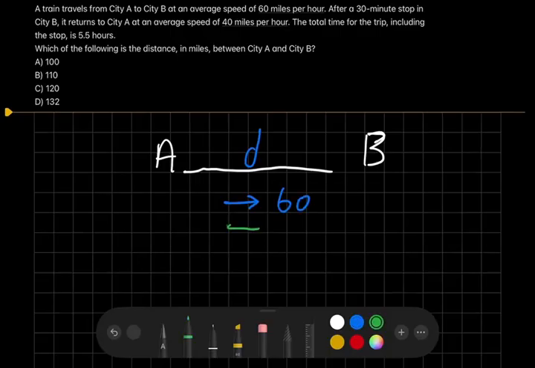And then when traveling back to A, we went 40 miles an hour. And we spent 30 minutes, half an hour, in city B.